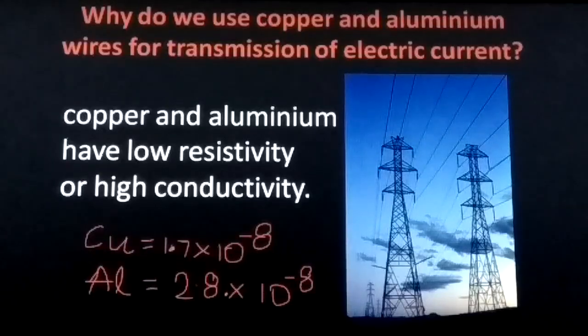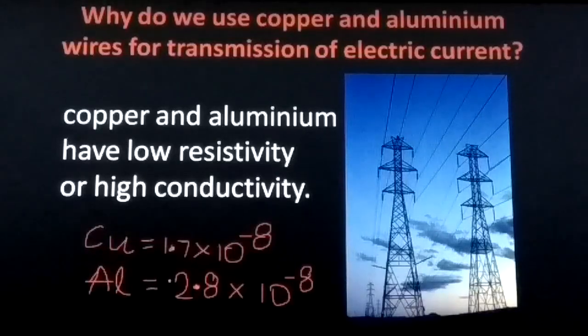Compared to that, the resistivity of the aluminium is 2.8 into 10 to the power of minus 8 ohm meter. Is there any difference between the resistivity of copper and aluminium? Yes, copper has a low resistivity compared to aluminium.